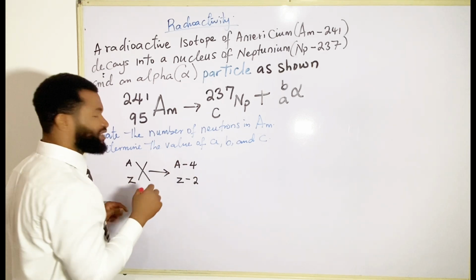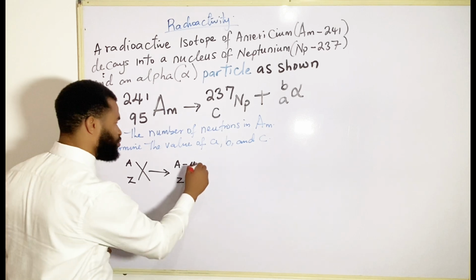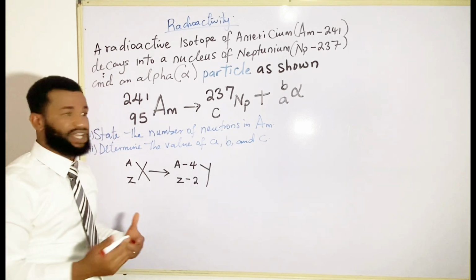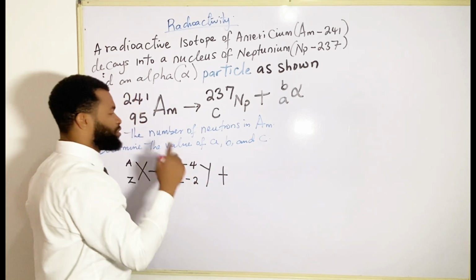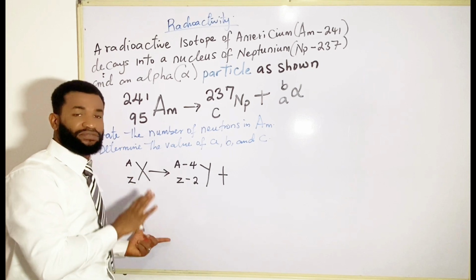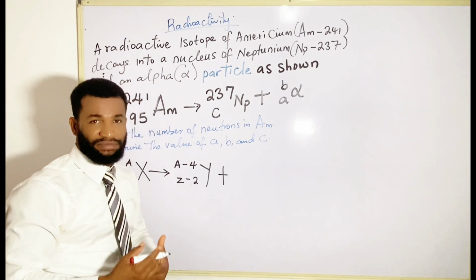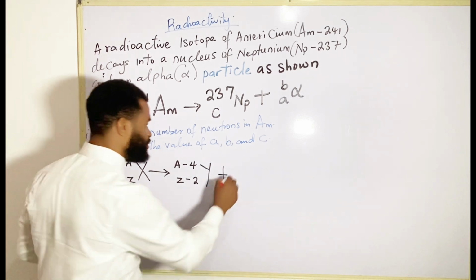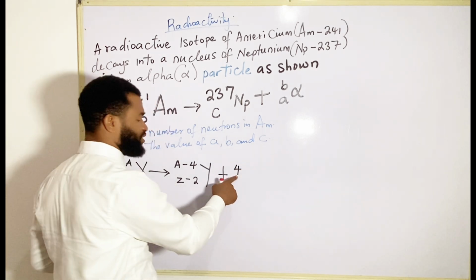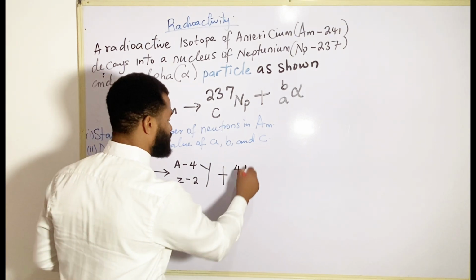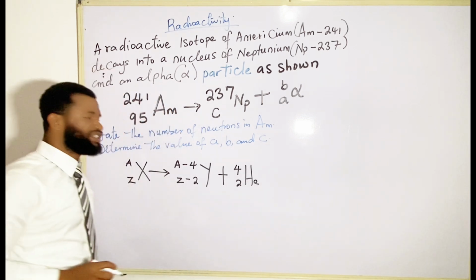I do not know the name of that element, so I'm going to use Y to represent it, which is a nuclide. Then plus, because this is an equation involving an alpha particle, I'm going to write a helium atom, because a helium atom is the same as the alpha particle. It's going to be 4, which is the atomic mass, and 2, which is the atomic number. So this is the general equation.